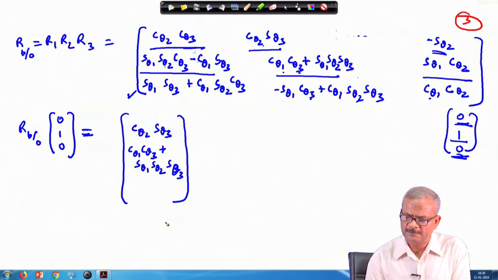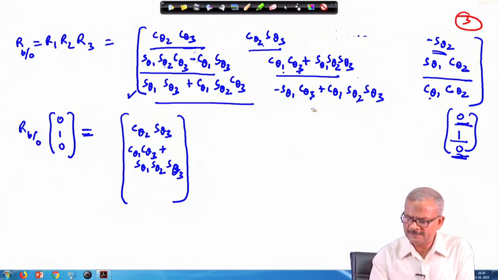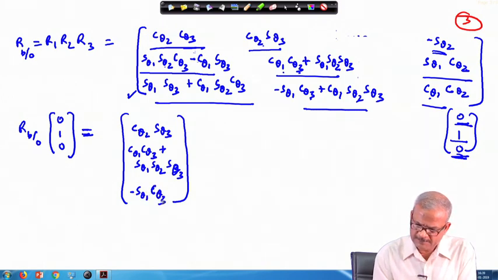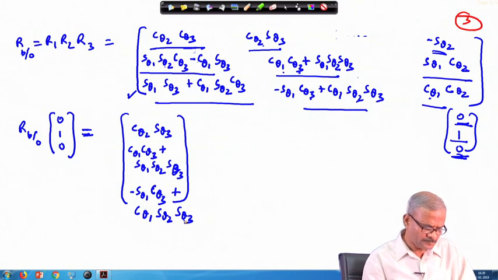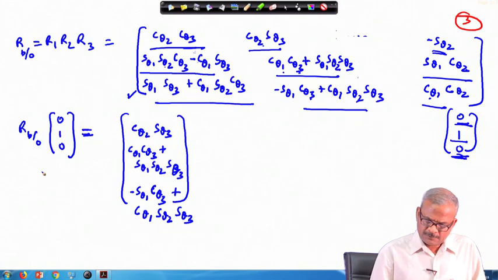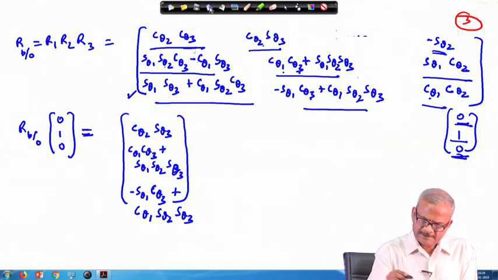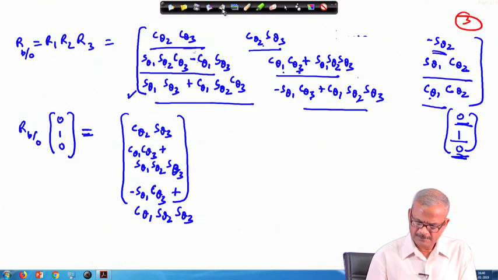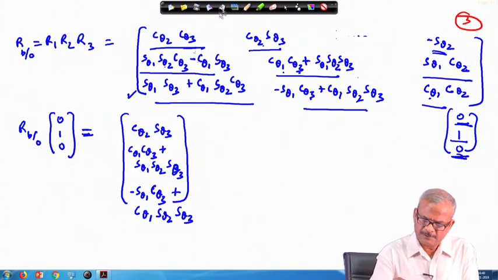Similarly, if we take this last line, this will give you minus s theta 1 c theta 3 plus c theta 1 s theta 2 times s theta 3. Together with this, you have this to be multiplied by this, minus omega 0. So, we go on to the next page.